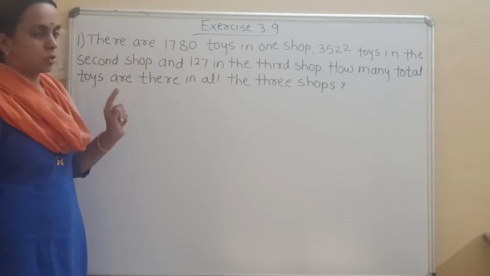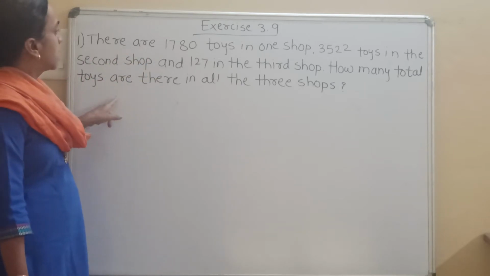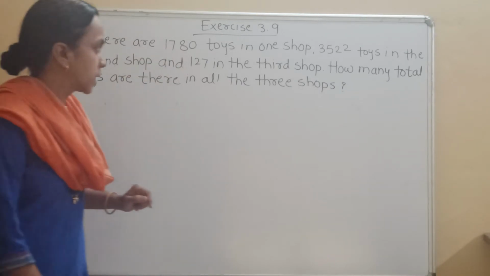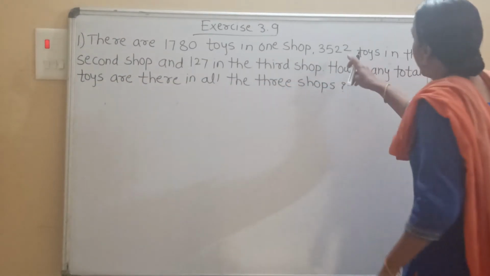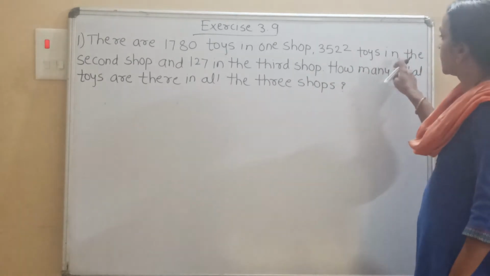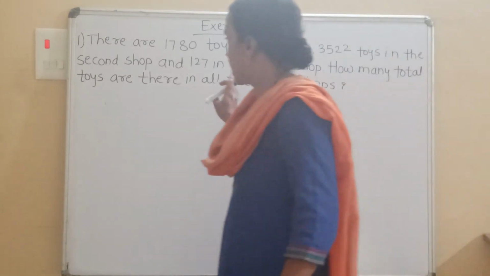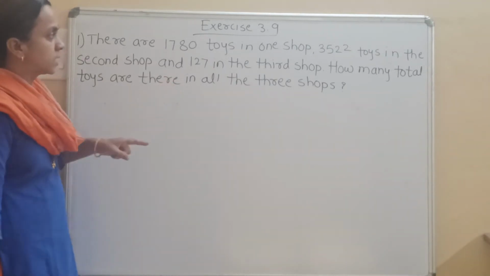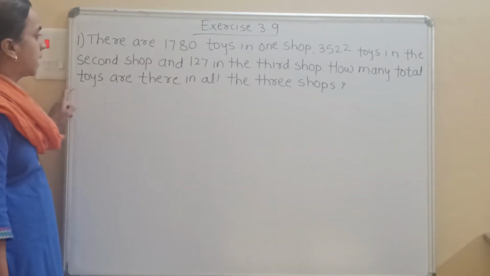एक टॉय का शॉप है जहाँ पर 1780 टॉयज है. Then 3522 toys in the second shop. Second shop में 3522 toys है.